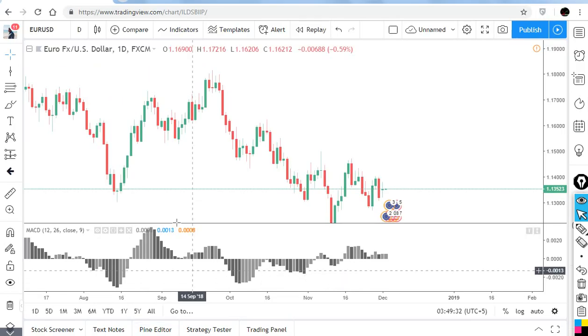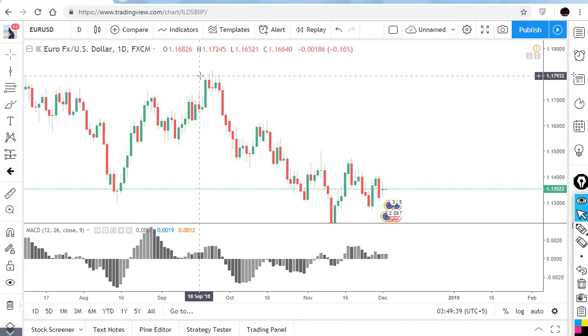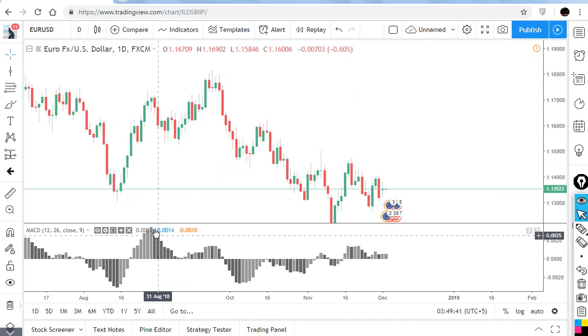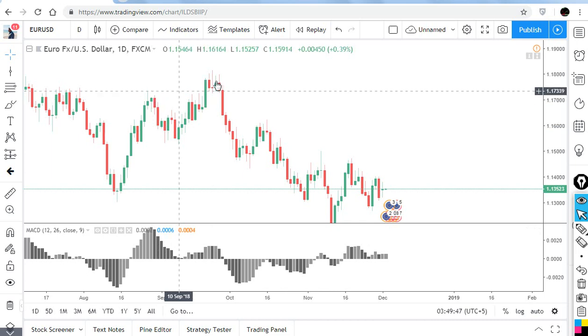After it, we see that here, if I see a higher high here, and a higher high to a higher low here, and a higher high and an even higher high, then I identify there is a divergence here, right?